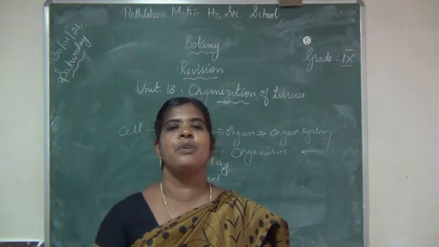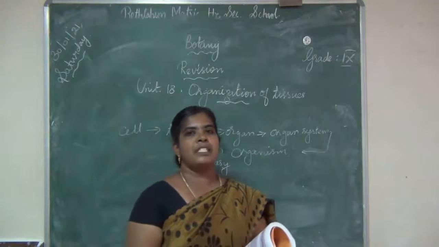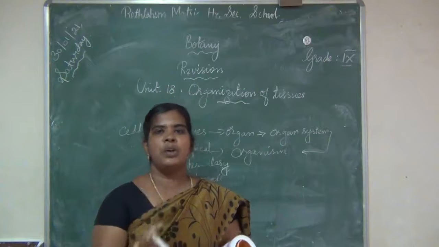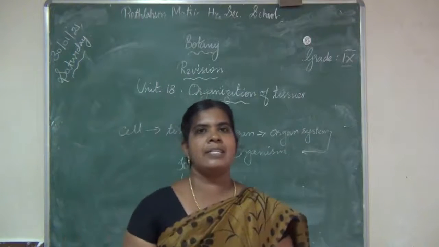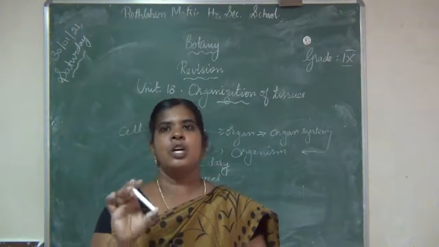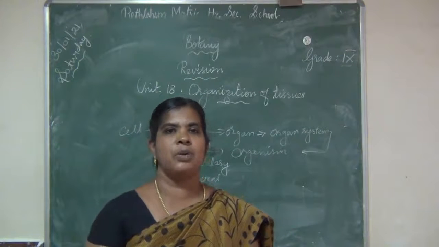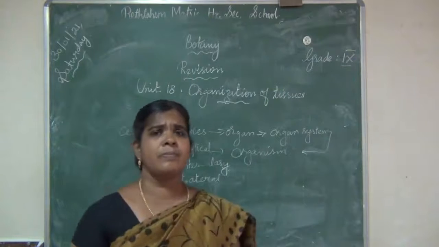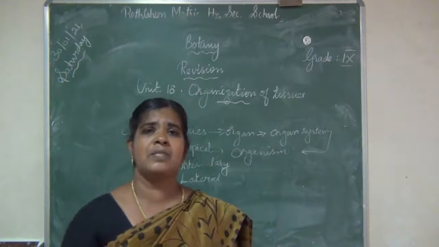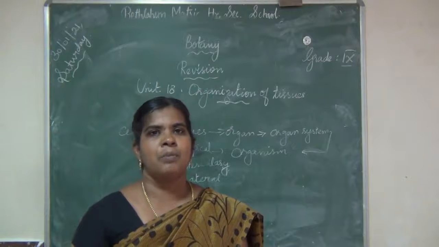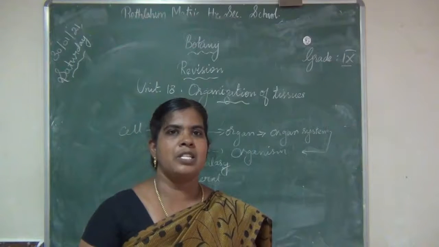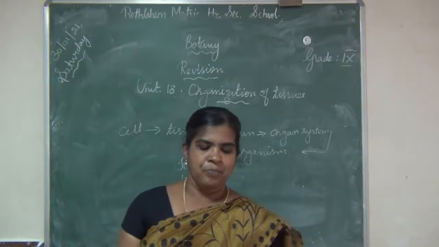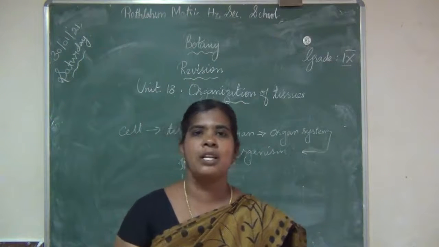If they ask this question, explain the types of meristem based on their position in the plant body, you have to write the types, then you must write the location and their function. So apical meristem is present at the apex of stem and root, particularly the growing point. What is the function? It helps in increasing the length of the plant both in root and shoot.